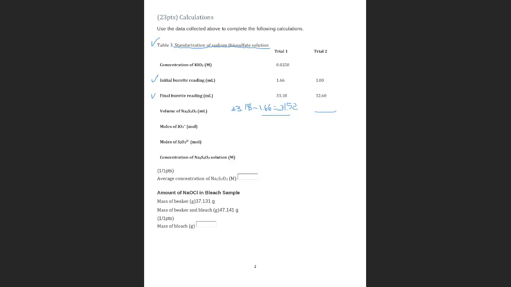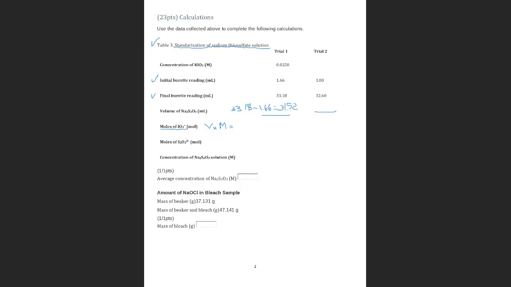How do we calculate the moles of iodate? We just saw an example. How do we calculate the moles? Always, it's going to be volume in liters of the iodate times molarity of the iodate, right? And what are those numbers?